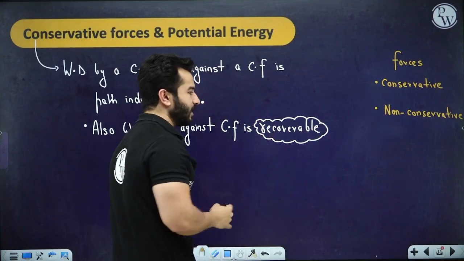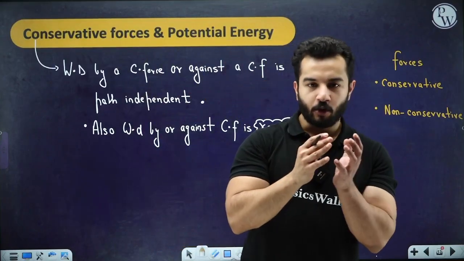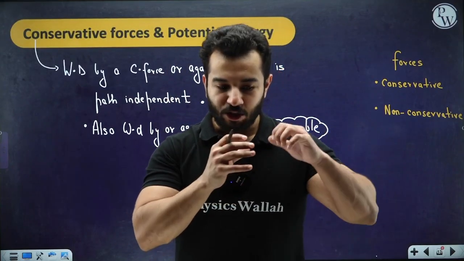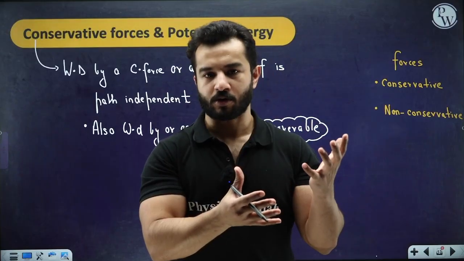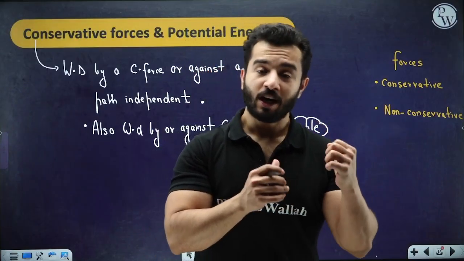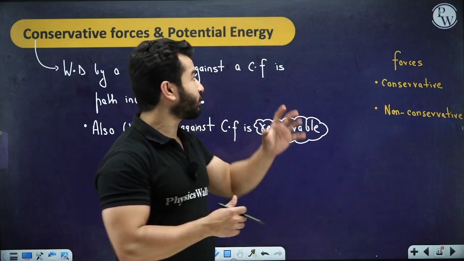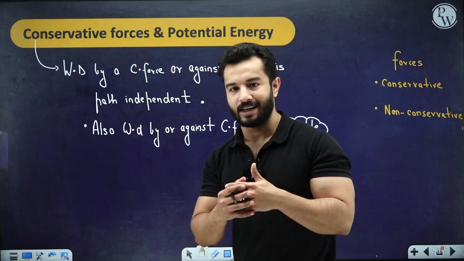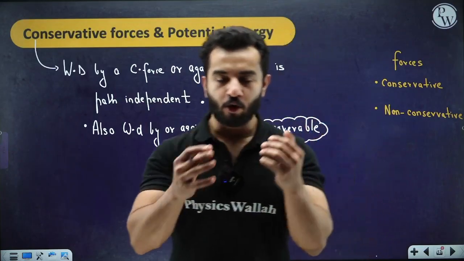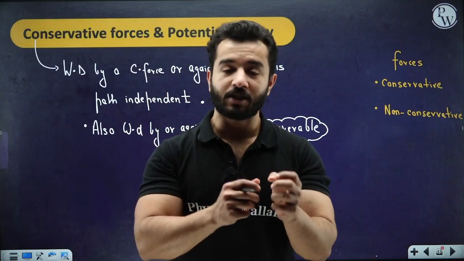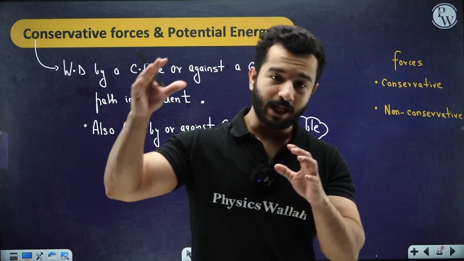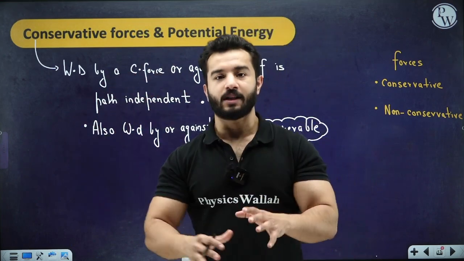It means that when a force is going to do some work against a conservative force, we can actually recover that force. And how are we going to recover that force? We are going to now talk about the concept of potential energy. So that's why I have written these two things in the same line. We are going to talk about potential energy only when we are discussing a conservative force, or only when there is a conservative force in the picture, right?